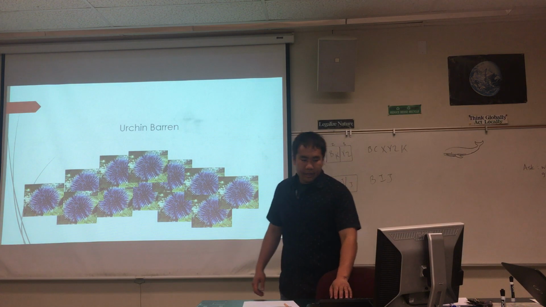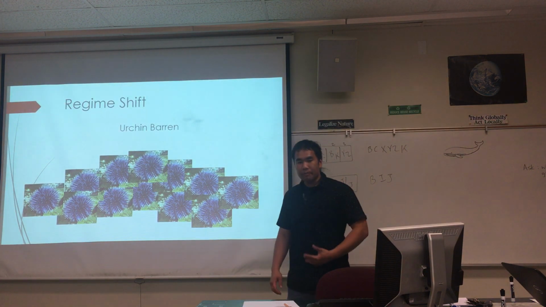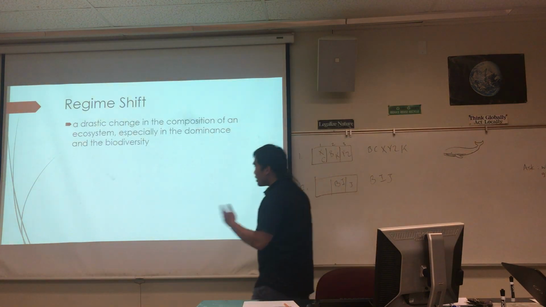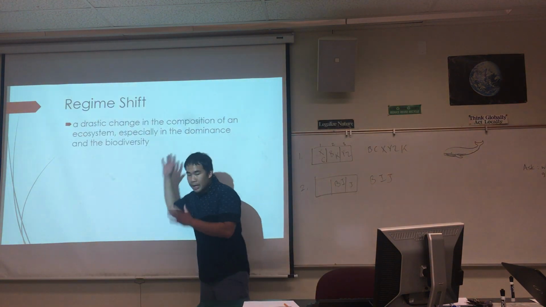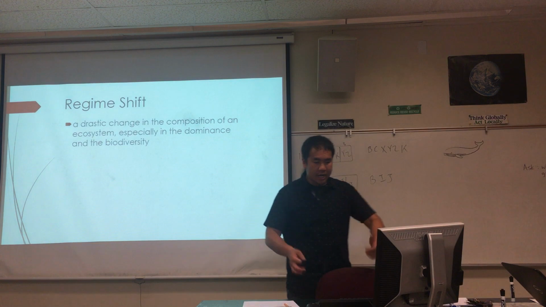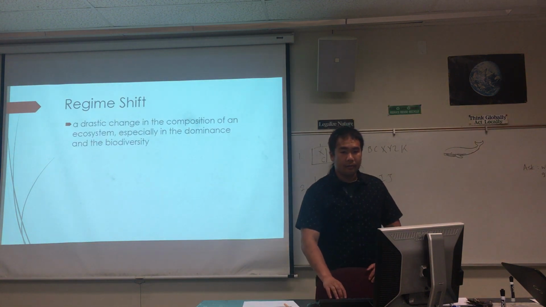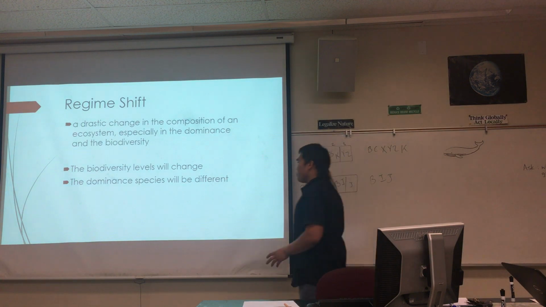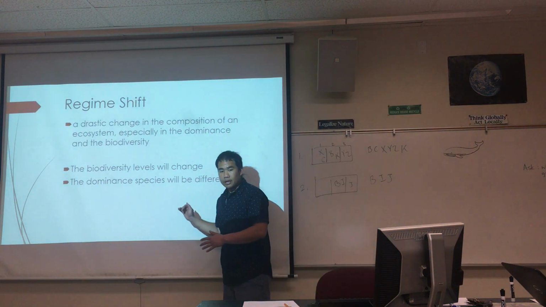So this thing is what's called a regime shift, right? Regime is like a period of rule, because regi means king, and it basically involves a drastic change in biodiversity, namely losing biodiversity, and then the dominant species will change as well, okay?